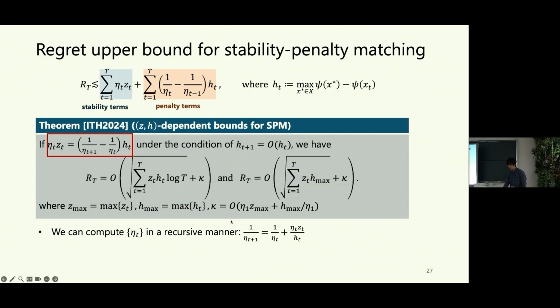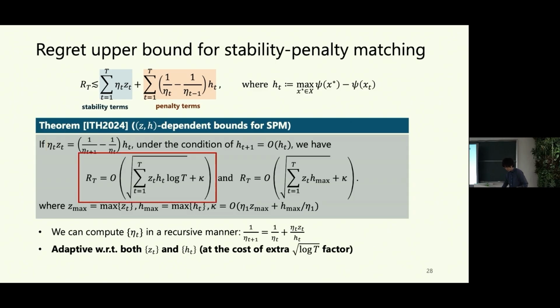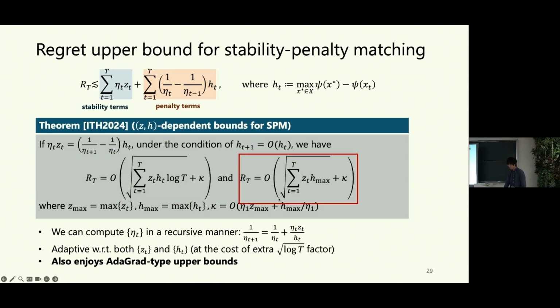That is, we can compute eta t, and it's easy to implement. The first upper bound implies that the bound is adaptive, dependent on both ZT and HT. And the second upper bound means that this also enjoys an AdaGrad type upper bound.